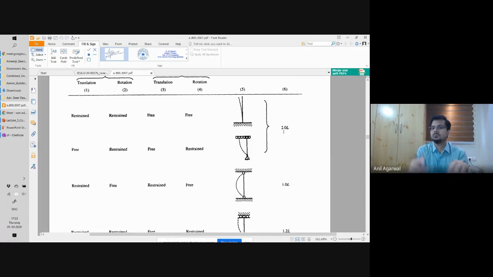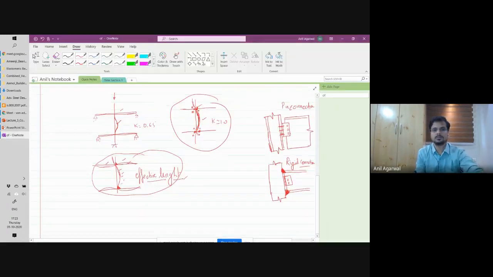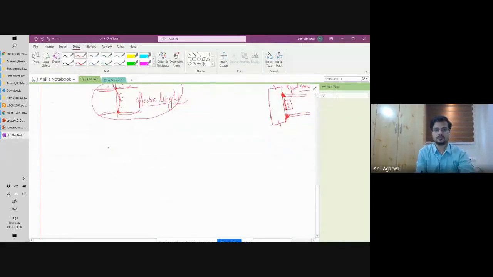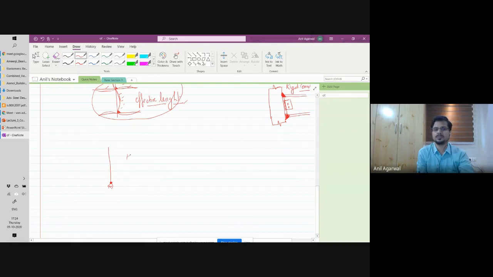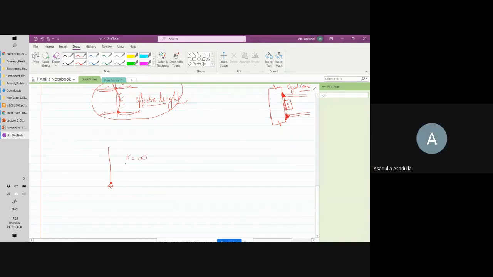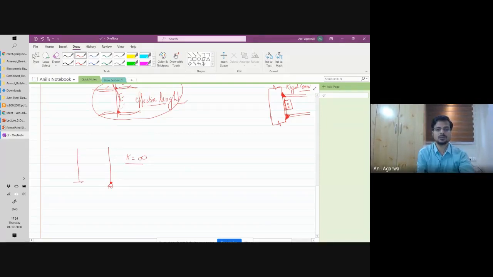Okay. So one possibility could be where it is infinity. What is the effective length of this column? This is pinned here, and at the top it is free. No, see, 2 is for this one. Yes, sir. Infinity.